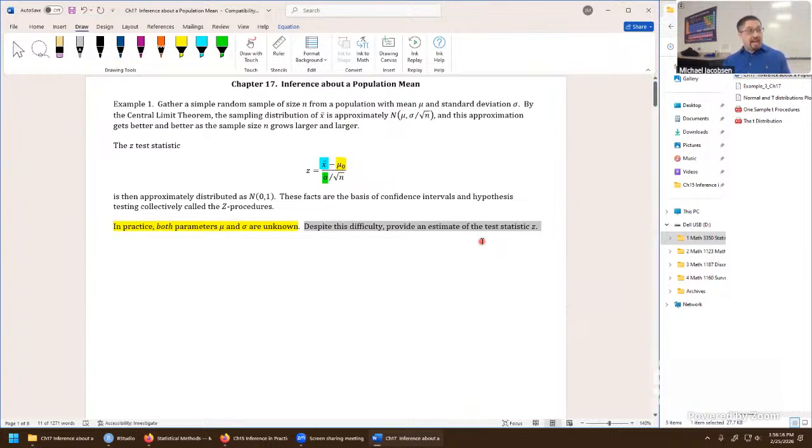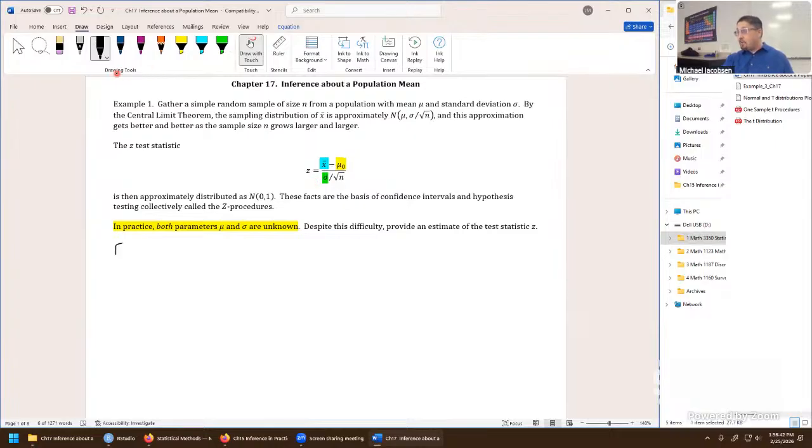So let's go through what had to be done. We still need to do a test, so we're going to estimate the test statistic z, which means you have to estimate sigma. And that's okay. X bar is already an estimate of the population mean. So why not use the sample standard deviation S to estimate the population standard deviation sigma? It's absolutely logical and it's the right step to take.